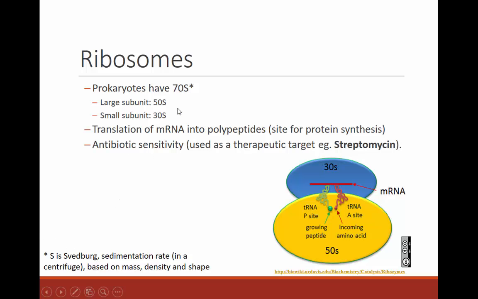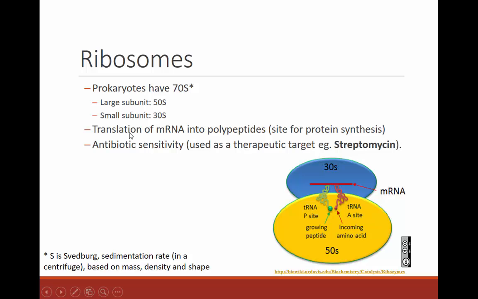And that 70S ribosome is composed of a large subunit and a small subunit. And no, I haven't made a mistake. They are those different sizes. So the 50S and the 30S together form a 70S. I know. Yes, I know. It doesn't make sense, but that's how it works. Okay, so when they're joined together, it's all about the sedimentation rate. So they sediment at different rates.